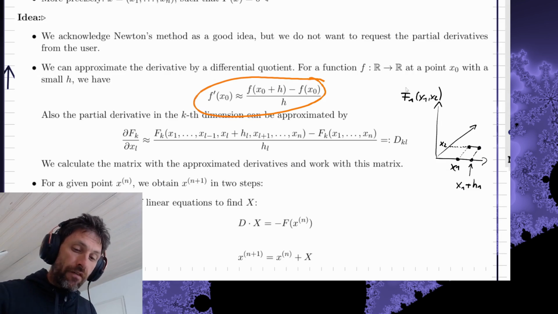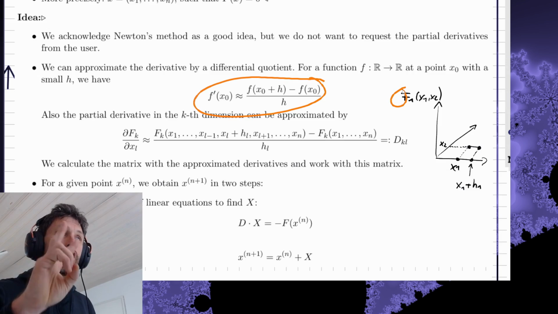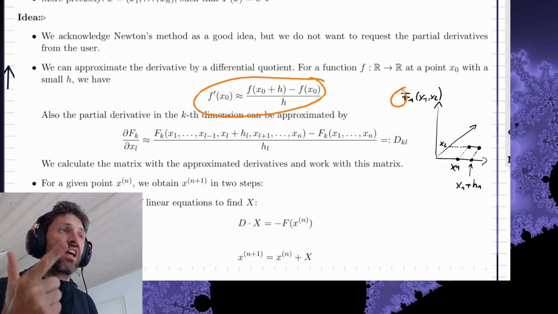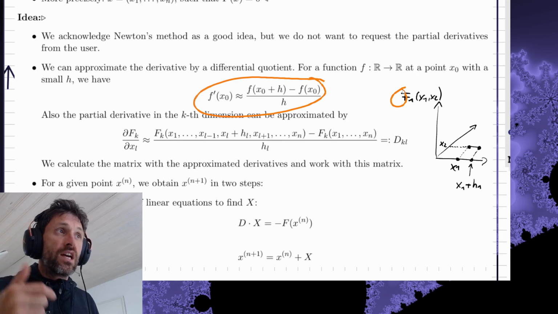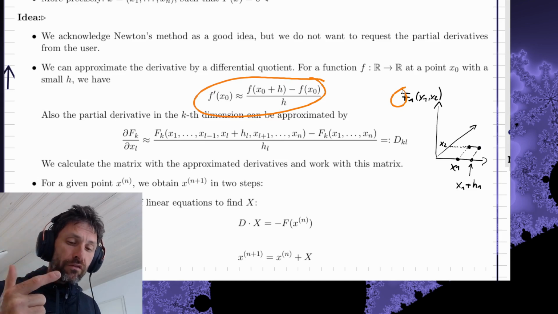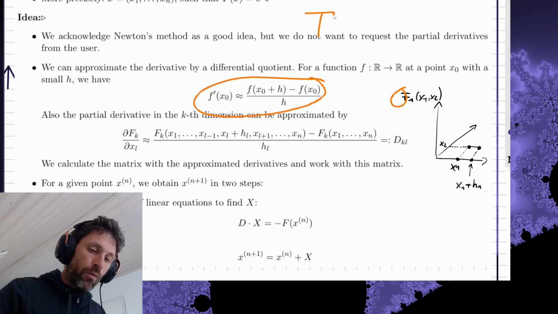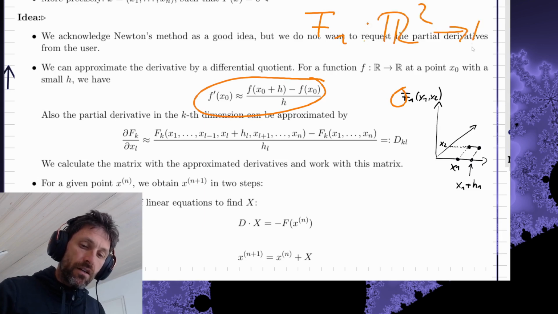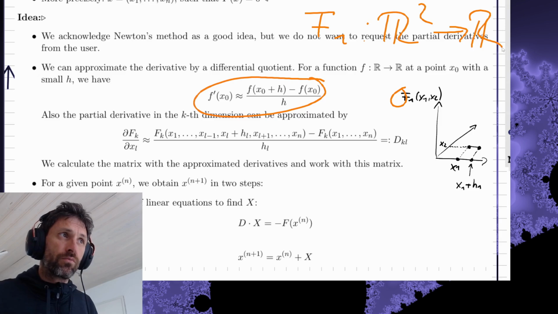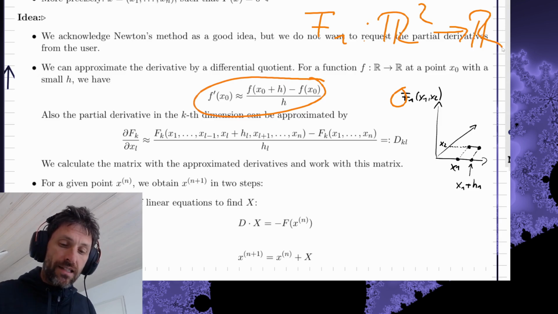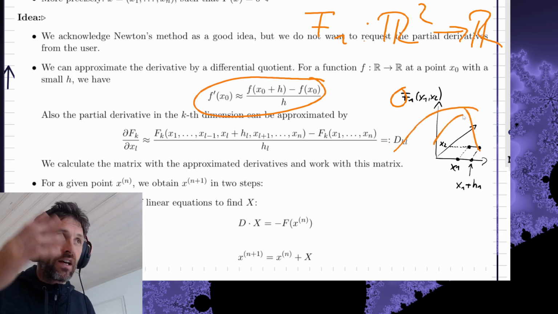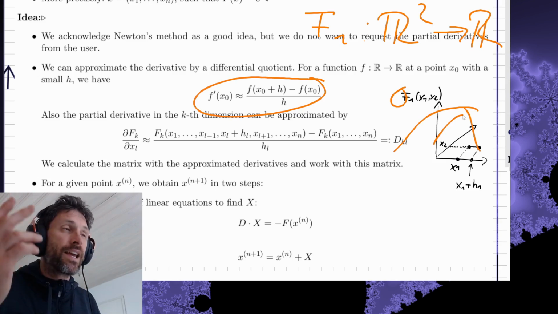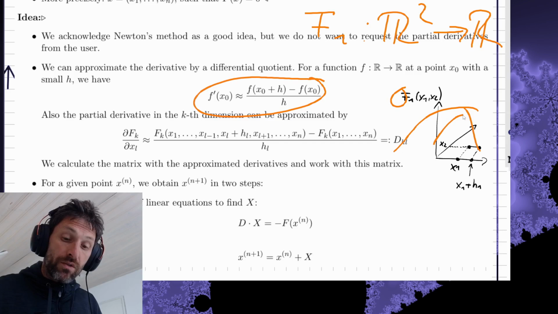The function f consists of 2 coordinates. There's an f1 function and an f2 function, and then the partial derivative of the f1 function. f1 is a function taking 2 input arguments and returning 1 output argument. You can visualize it as something like a mountain or some landscape with some mountains.